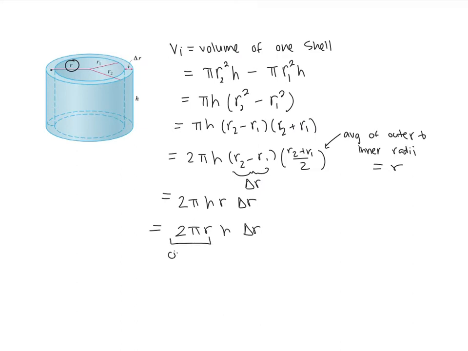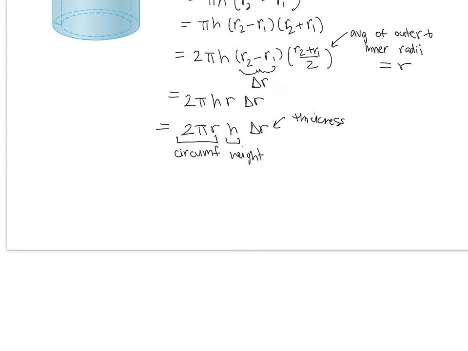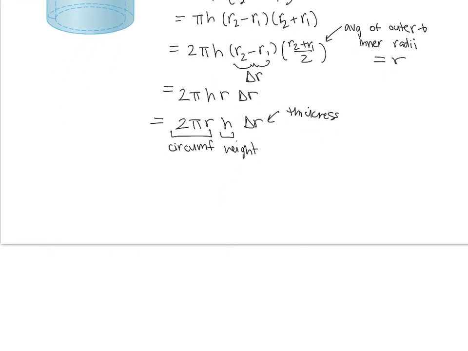This is your circumference, that's your height, that's your thickness. And so in terms of your picture, if you go back to that picture where we were spinning something, you redraw it down here.